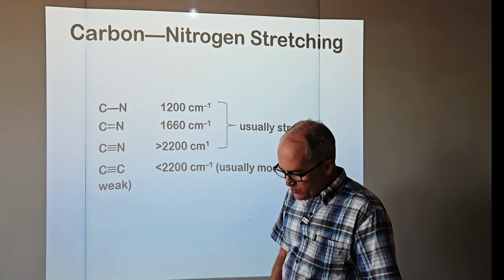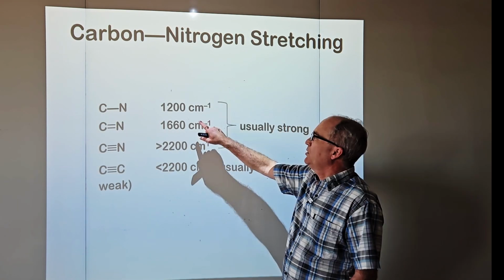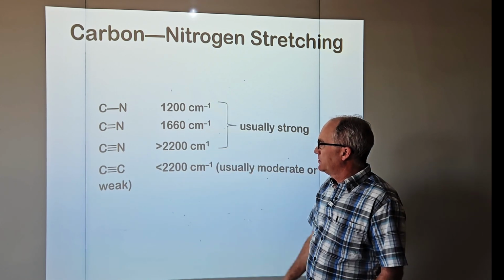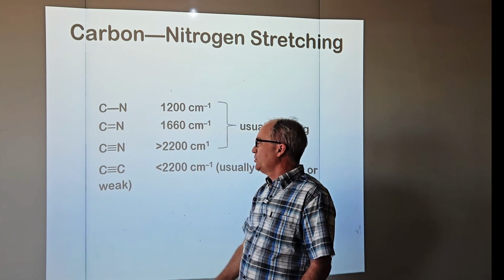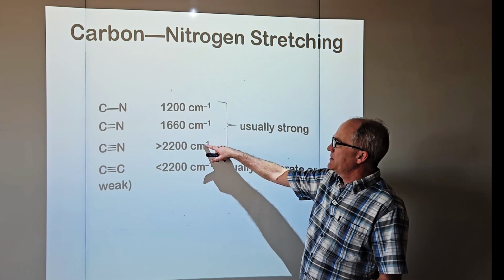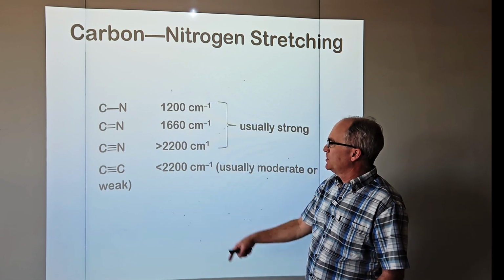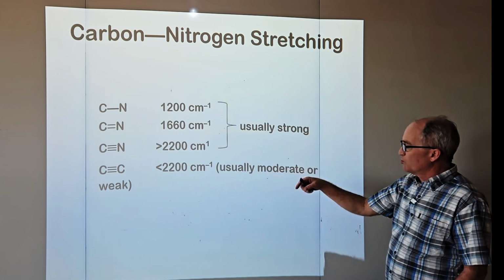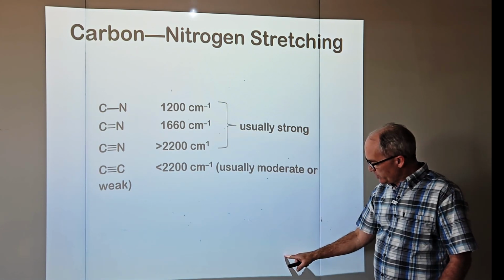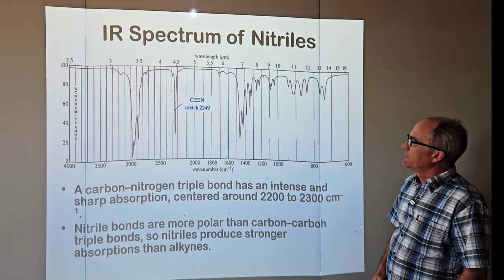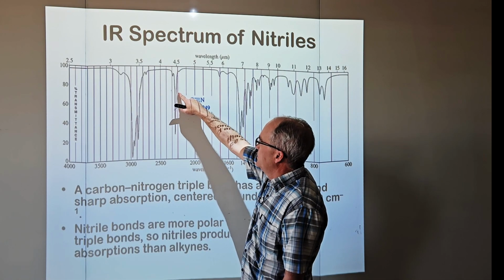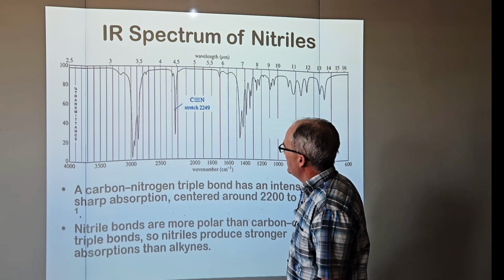Carbon nitrogen stretching 1200, 1660, 2200. Here's this carbon triple bond. Notice at the same position, but this is kind of weak. These are usually strong. That means their absorption goes all the way down towards the bottom. So here's our carbon triple bonded to nitrogen, and it's relatively strong.